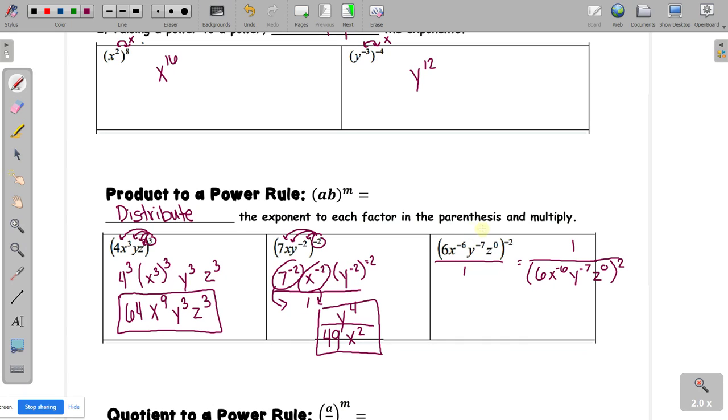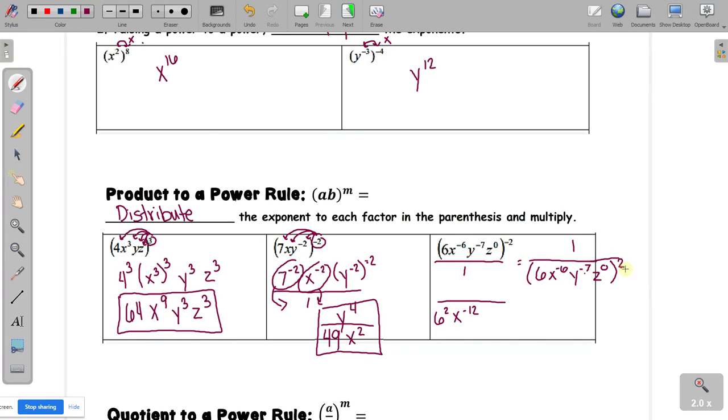Now we can distribute our exponent in. So we get 6 squared. Distribute it in. When we distribute, we multiply. x to the negative 6 times our 2, negative 6 times 2 is negative 12. So we get x to the negative 12. y to the negative 7th raised to the second.